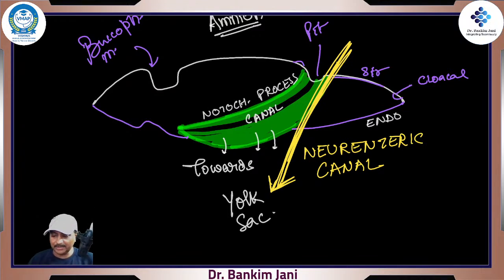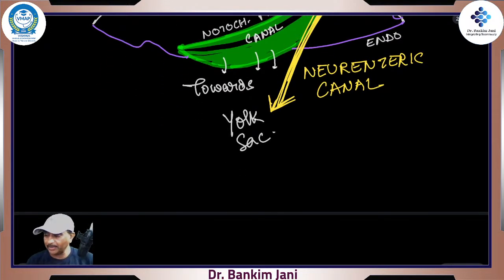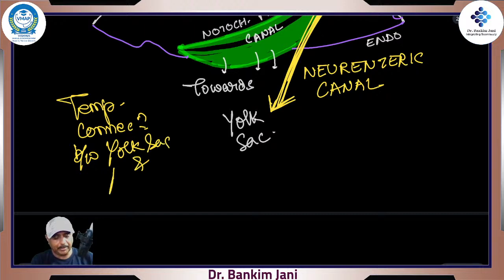Once it is taken off, it leads to formation of a connection between the amniotic cavity and the yolk sac, and that is what is called the neuranteric canal, which is a temporary connection between yolk sac and amnion.